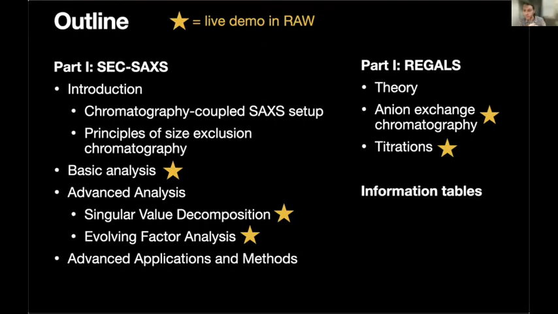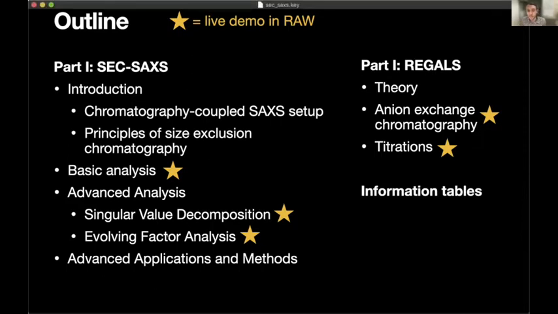And then I'll also show you some more advanced tools, including singular value decomposition and another one called evolving factor analysis. And then at the end of part one, I'm going to show you very briefly an overview of some more advanced things that you can read about in the literature, that people are doing with SEC-SAXS to really push the envelope.